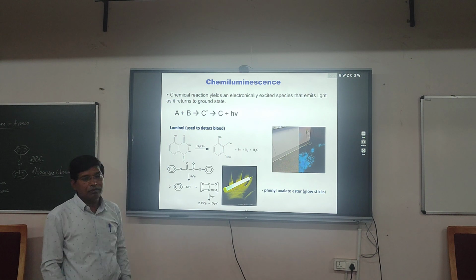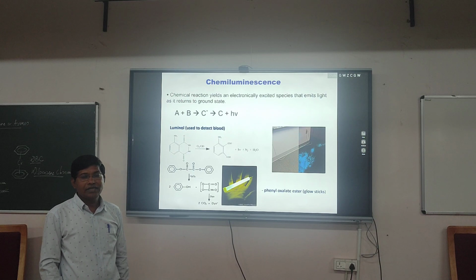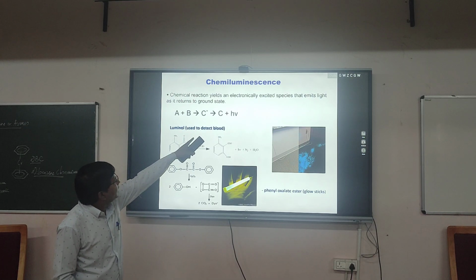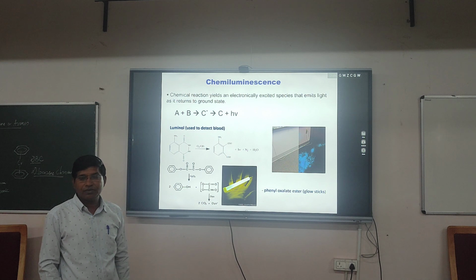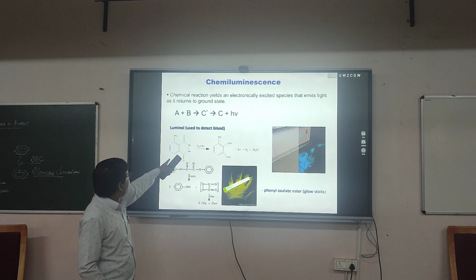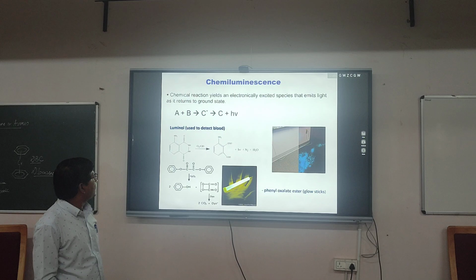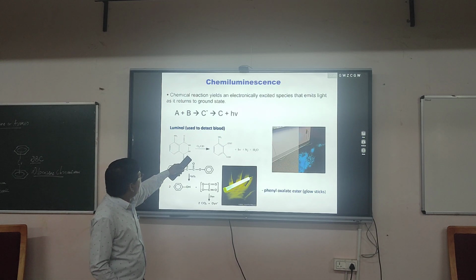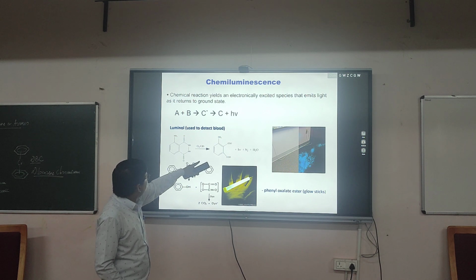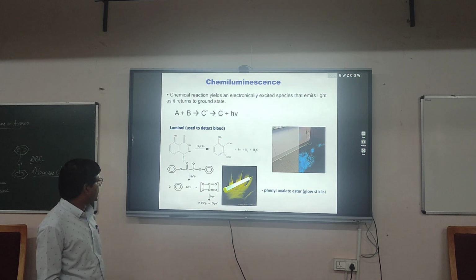Suppose A reacts with B, it will produce C, and C should be an electronically excited species that emits light. Here again we can use luminol as a phosphorophore, and this phosphorophore will get oxidized and produce some radiation.